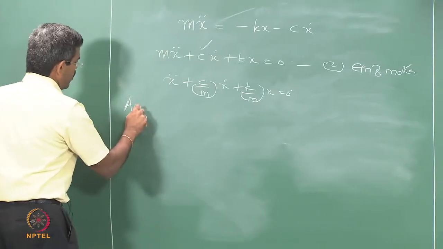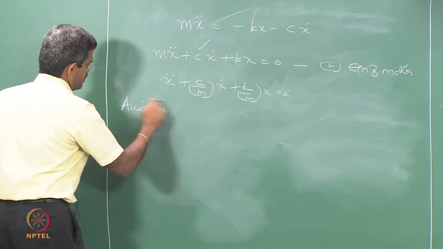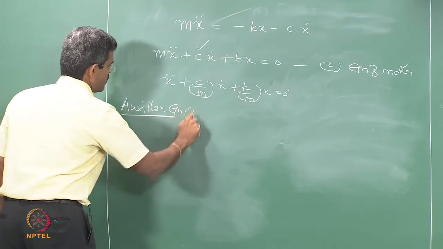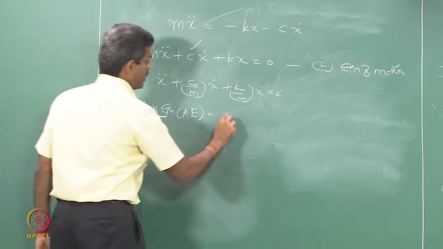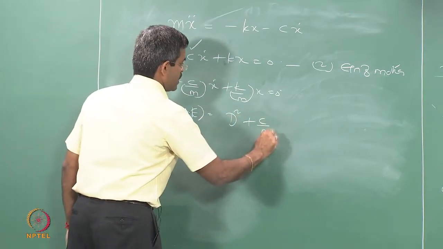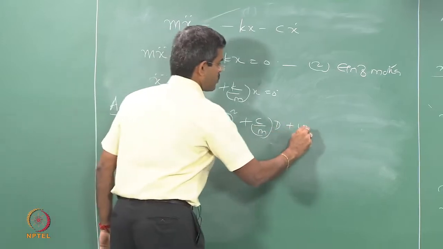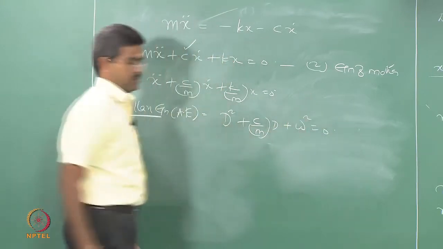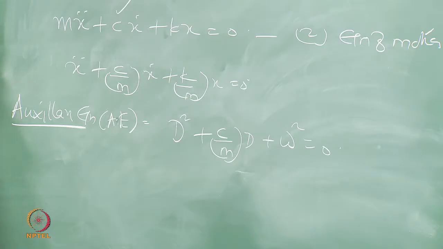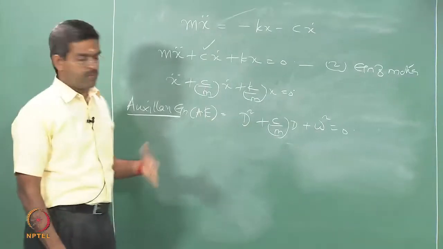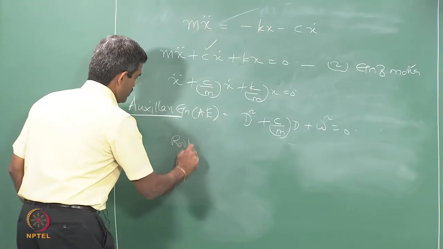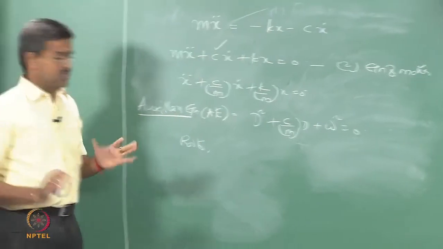So, the classical auxiliary equation is D square plus C by m of D plus omega square equals 0. It is a second order ordinary differential equation, therefore, the solution should be the roots of this equation, which will give me a complementary function.